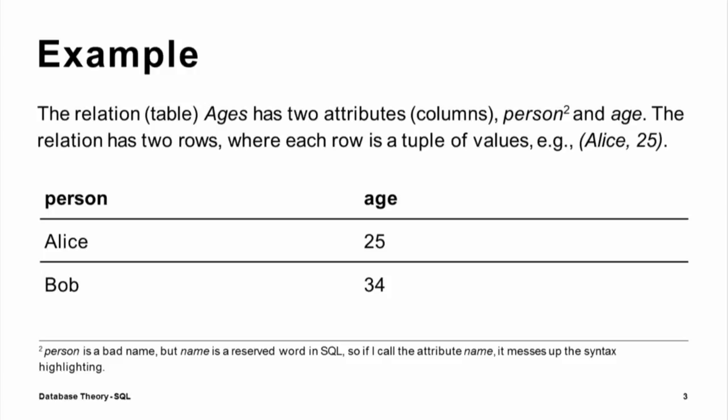We have this table named ages, where there are two attributes or two columns named person and age, and they also have values which are the tuples or the rows. So the columns are the vertical ones and the rows are the horizontal ones. For instance, the person Alice has an age of 25.